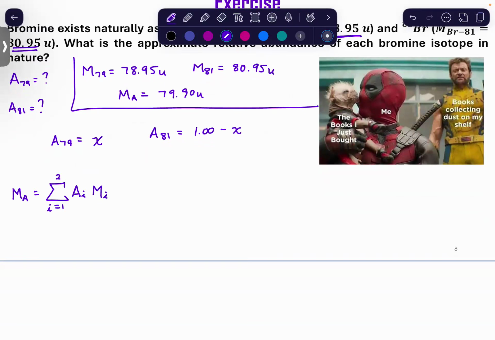I'm going to start here. This is going to give me abundance 1 times mass 1 plus abundance 2 times mass 2. Well, we can even take this a step further and call this the abundance of bromine 79 times the mass of bromine 79 plus the abundance of bromine 81 times the mass of bromine 81.